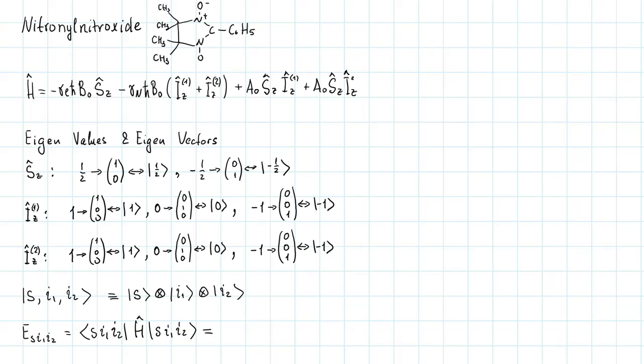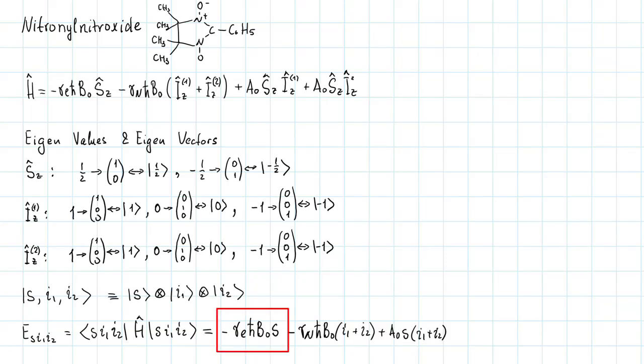This gives us a result consisting of three terms. The first term corresponds to the electron spin Zeeman interaction and depends on the spin quantum number S, which can be +1/2 or -1/2.